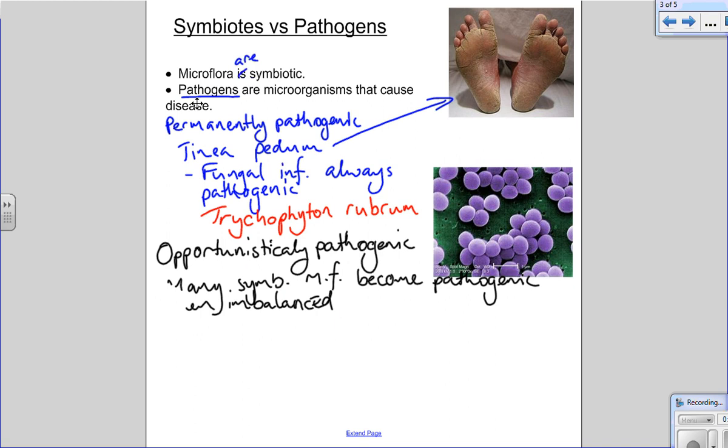Now, a good example of this is what we call Staphylococcus aureus.